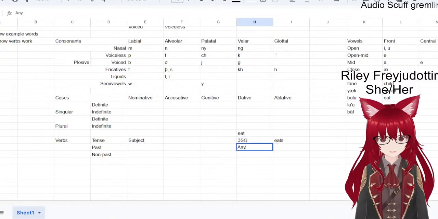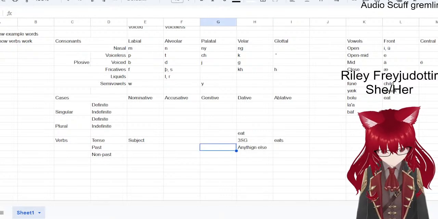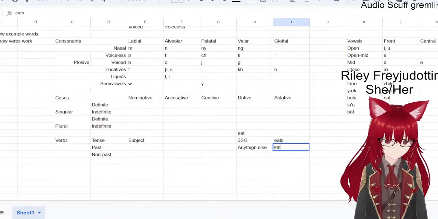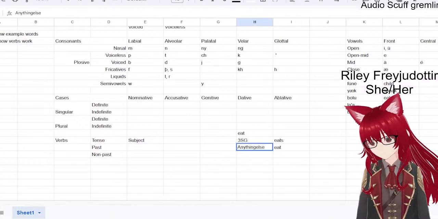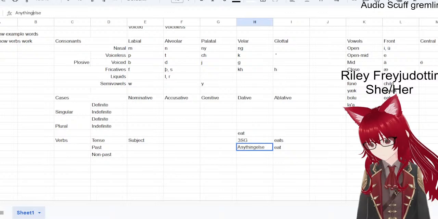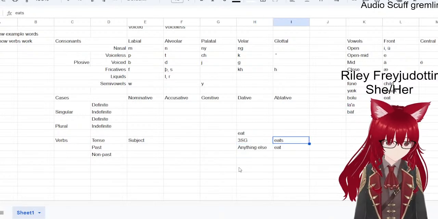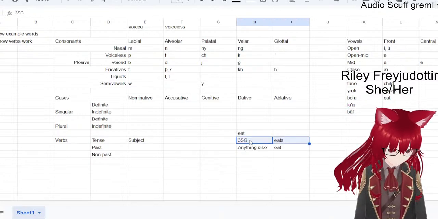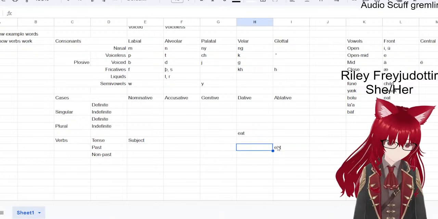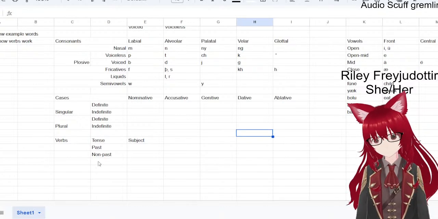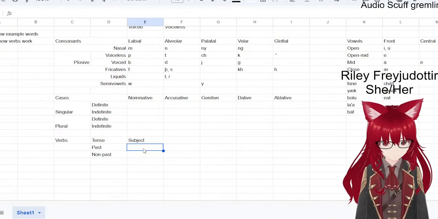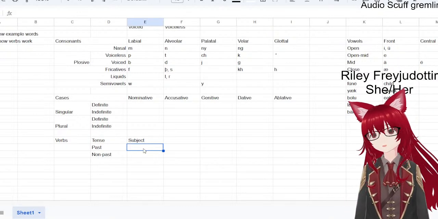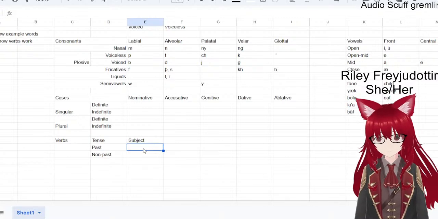In anything else, you have eat. In some dialects this is lost entirely, and so you just have all eat. So English barely has any form of subject marking. The only time it ever has any is when it's the third person singular, and even that is being lost.